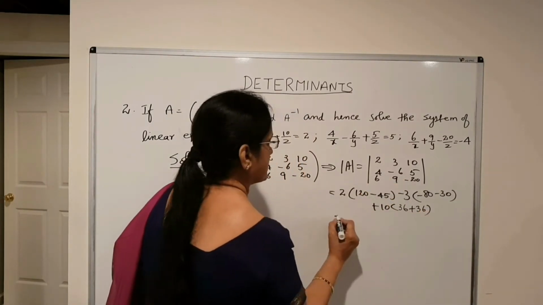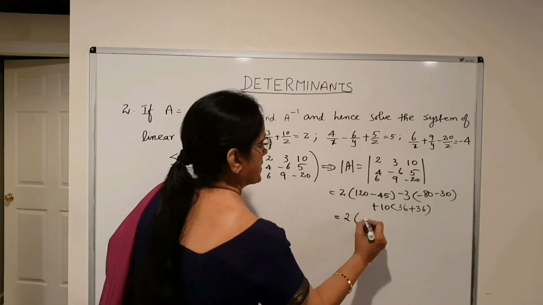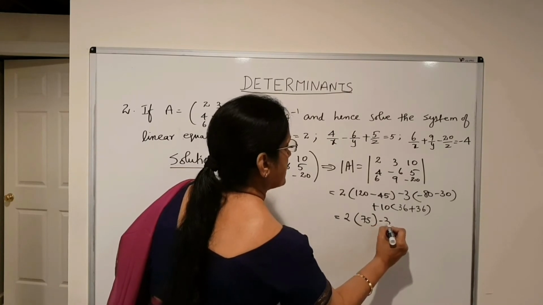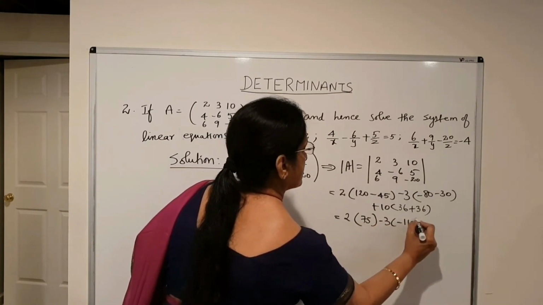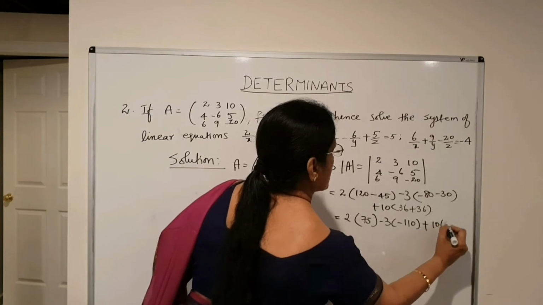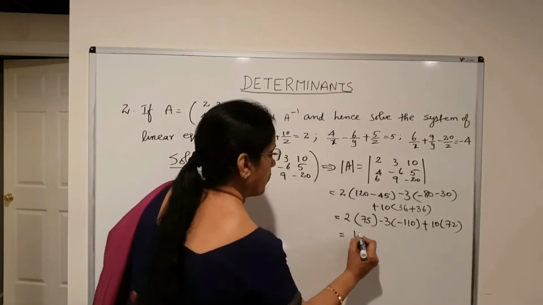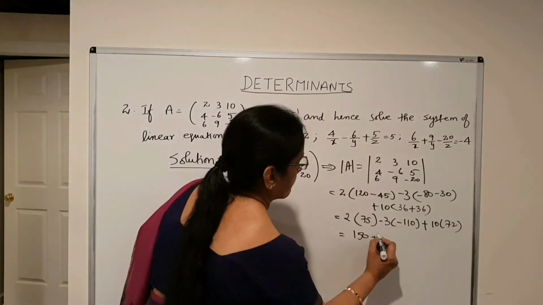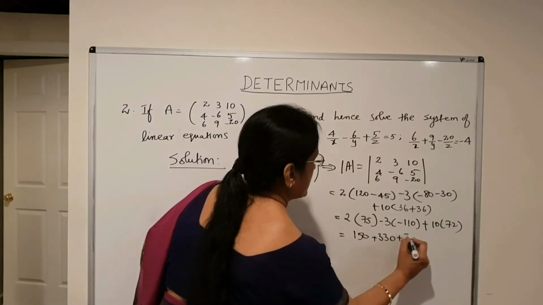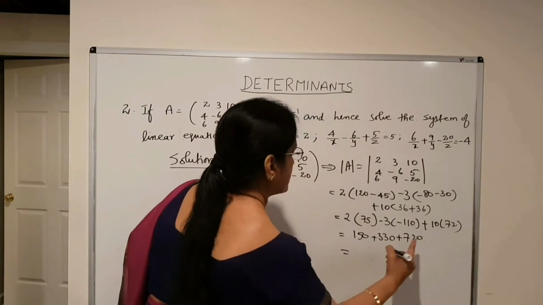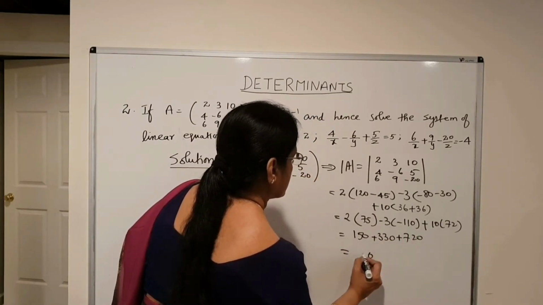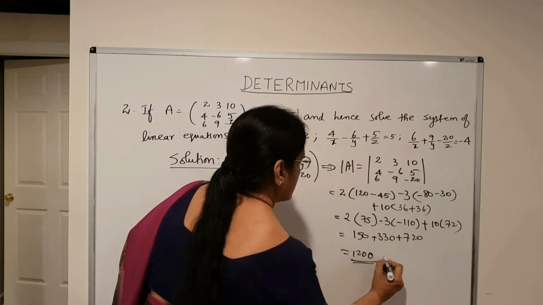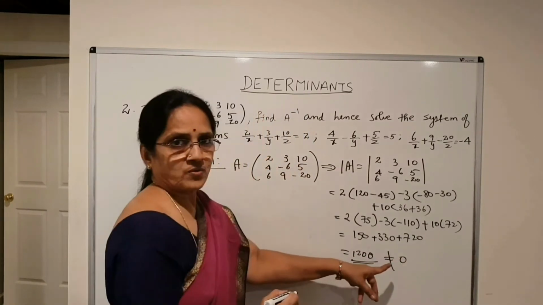So when I simplify this, I am getting 2 into 75, then plus minus 3 into minus 110, plus 10 into 72. This is 150 plus 330 plus 720. So when I add this, I will be getting 1200, which is not equal to 0.